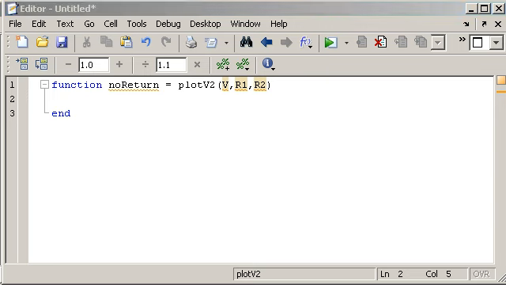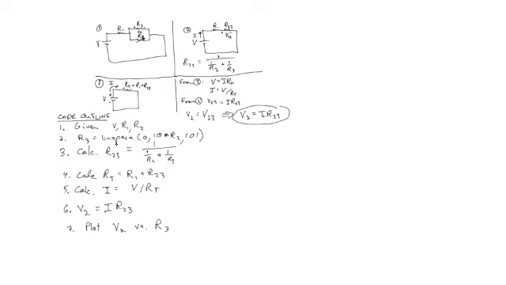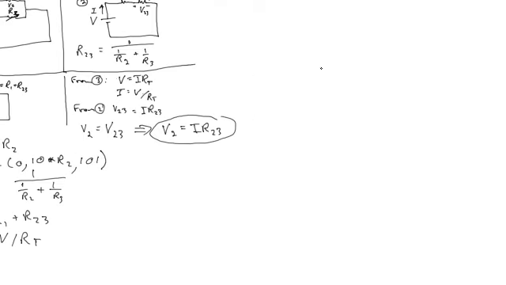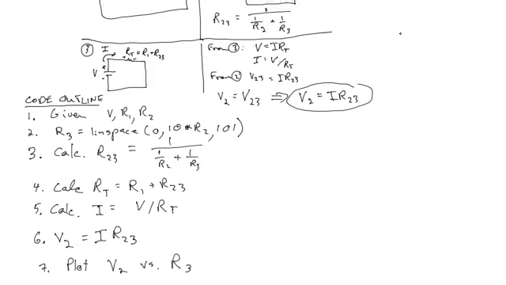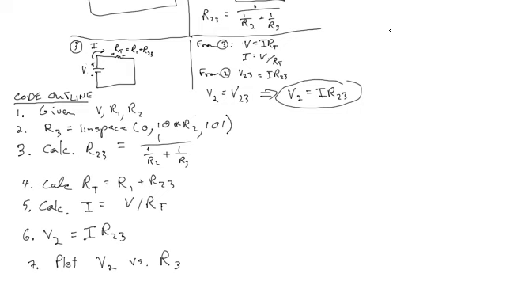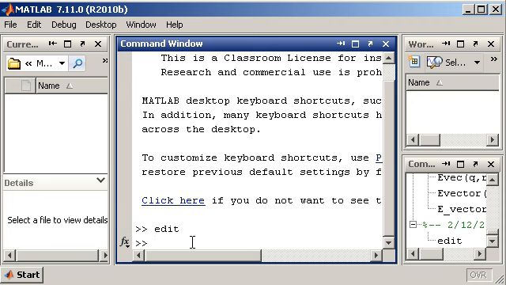Let's see what we had on our plan. The code outline given those guys. R3 is linspace of that. I actually don't remember how that works.